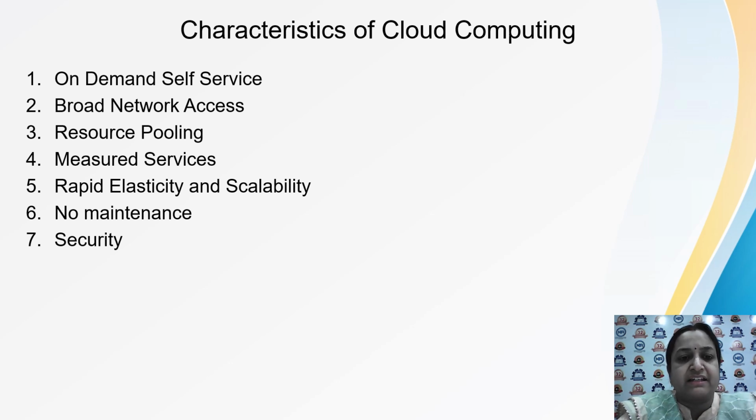The next characteristics are the measured services, the rapid elasticity and scalability. Now, this is a very important point. When we talk about scalability, what is the meaning of that? It is a very important property as far as cloud computing is concerned, because scalability means as and when the need on a particular website increases, or as and when the load on a particular server increases, so when it is not able to handle all the requests that flood to a particular web server, we increase the scalability.